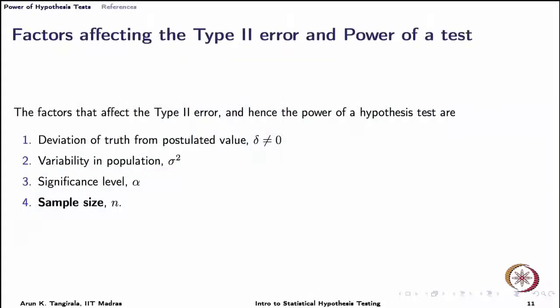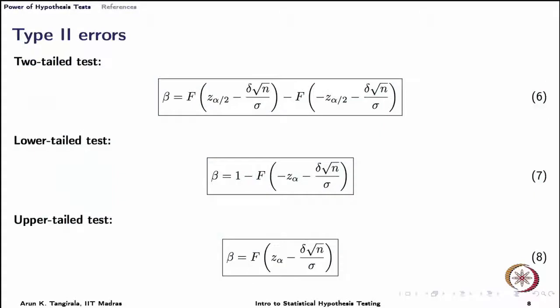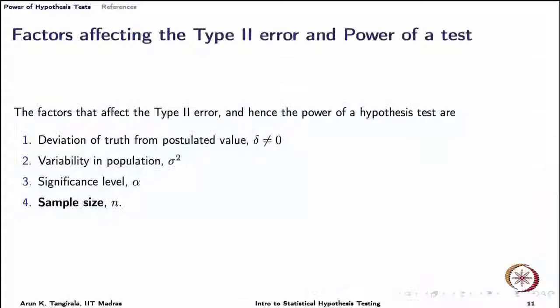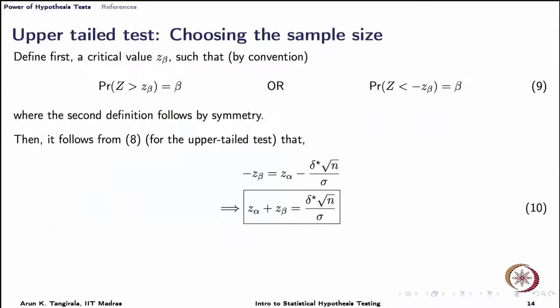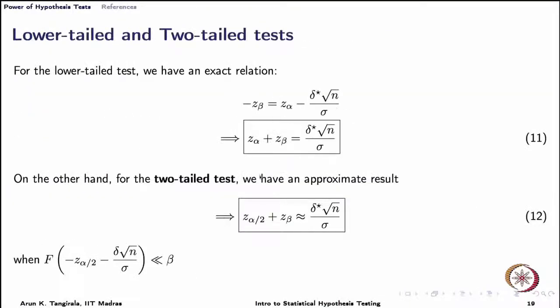Therefore, we make some approximations. What kind of approximation? Assume that this second term is much less than beta. In that case, you will have only a single term, and therefore, you should be able to write an approximate expression where z alpha by 2 plus z beta is approximately equal to delta root n by sigma.